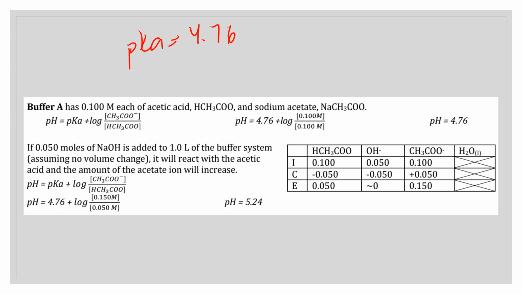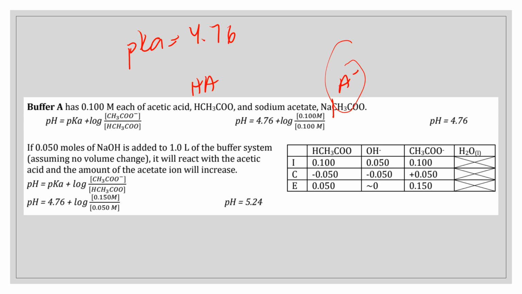So assuming that I have 0.1 mole of each of my HA, if you will, and this will be my A minus. Luckily, it's a 1-to-1 ratio. Because it's a 0.1 molar solution of sodium acetate, my acetate ion concentration is also going to be 0.100 molar. So I plug that in like before, and my pH is going to be 4.76.